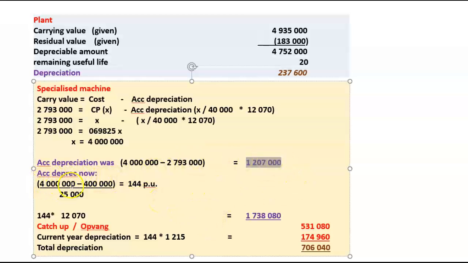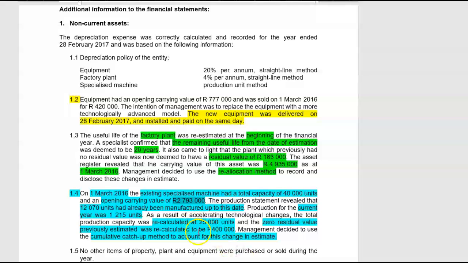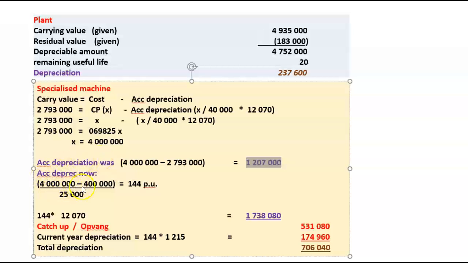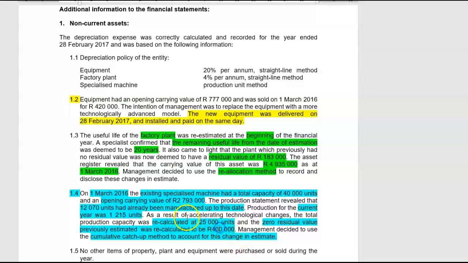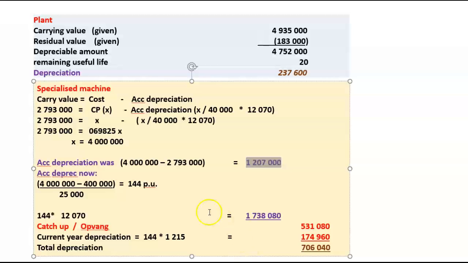The cost price is 4 million Rand. The residual value was now recalculated at 400,000 Rand. So 4 million less the estimated residual value of 400,000, divided by the new production capacity of 25,000 units, gives us a new depreciation charge of 144 Rand per unit.